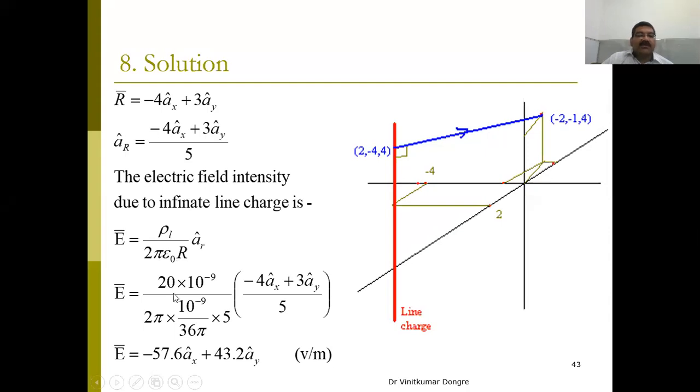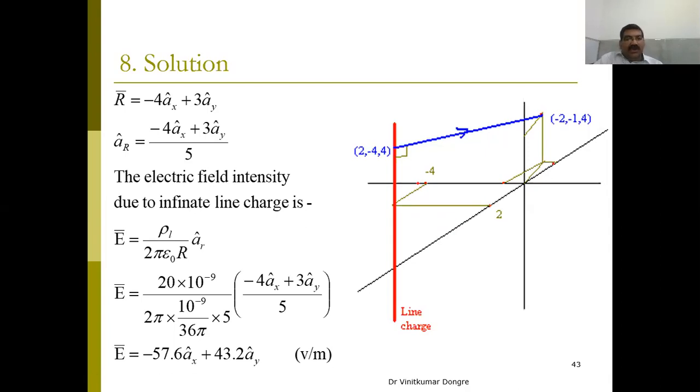The rho L is given in the problem, that is 20 nanocoulomb per meter. So it is 20 into 10 to the power -9. The value of 2 pi epsilon 0 is 10 to the power -9 upon 36 pi. The R magnitude we have calculated, that is 5, and aR is also calculated. So this is the formula; you can simply do the multiplication. I recommend writing the value of epsilon this way, because in most formulas pi is there, so you can cancel pi and have easier calculation.